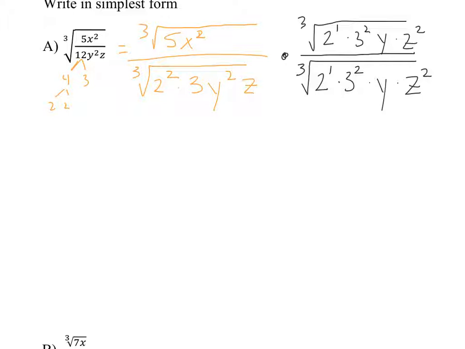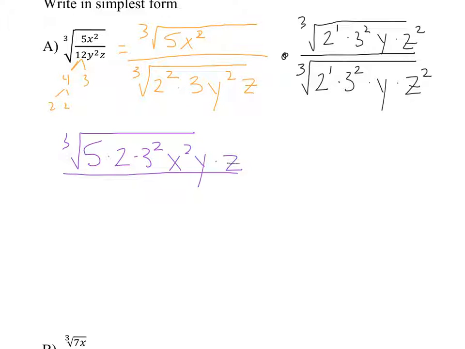And now I actually multiply it together. So my cubic root on top would be 5 times 2 times 3 squared x squared y times z squared. Now we will be simplifying that, just to let you know.